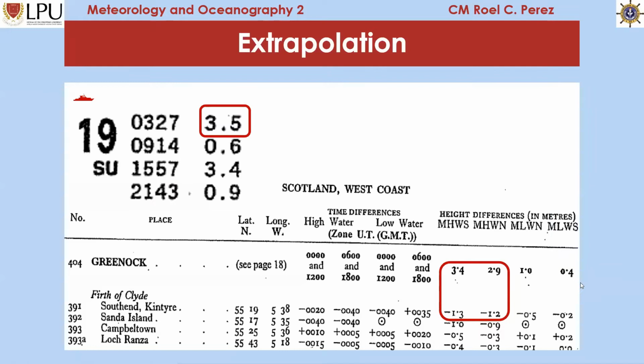Anyway, I will introduce to you now our extrapolation. Interpolation is inter, meaning within. So extra meaning either sobra or outside the selection. So extrapolation, we are going to use extrapolation. So papaano? Okay, I will show you.